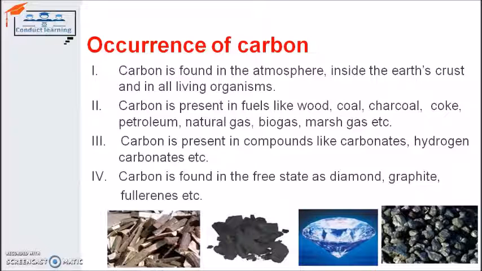Carbon is present in the earth's crust, in living organisms, and also in compounds like wood, coal, charcoal, coke, petroleum, natural gas, biogas and marsh gas. They all contain carbon. Carbon is present in compound forms like carbonates and hydrogen carbonates.